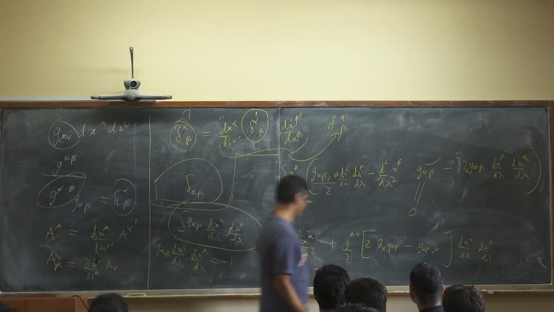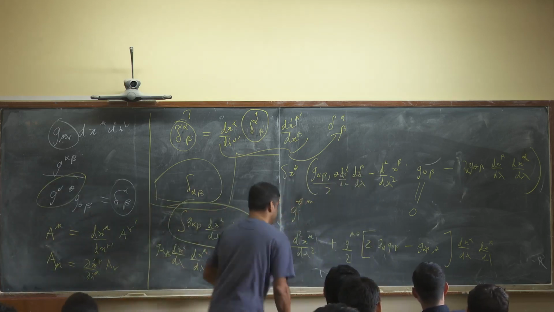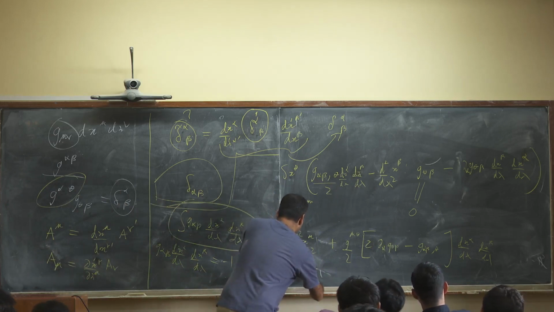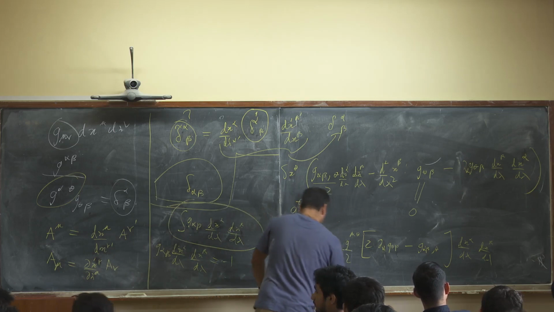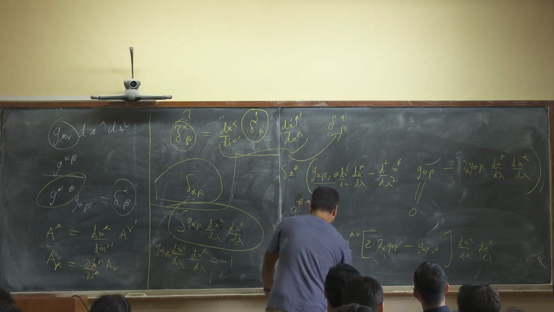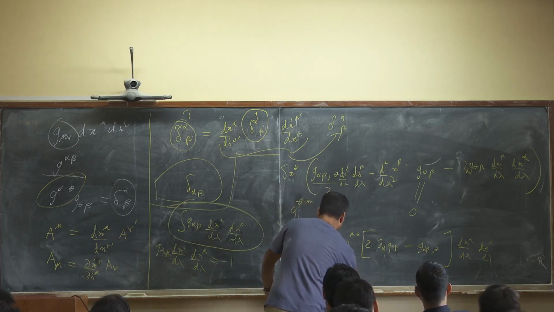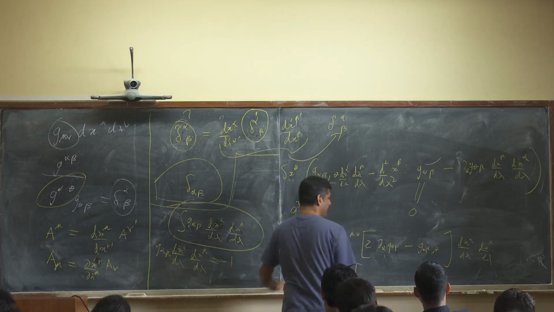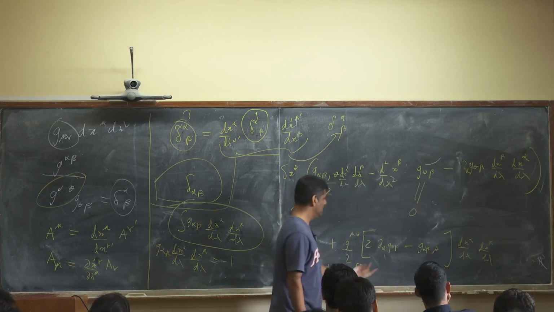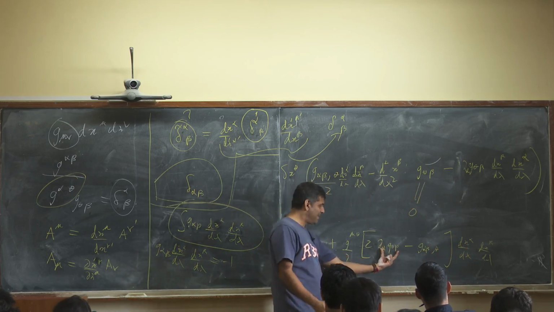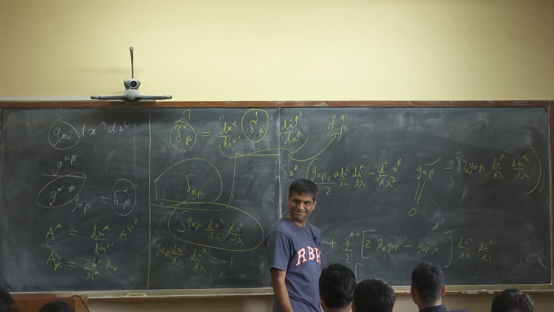Excellent. Now one more manipulation. This is the same as d²x mu by d lambda squared plus g mu theta by 2, and then I use the fact that this guy here is symmetric in alpha and beta, so I can replace this by the symmetrization in alpha and beta.